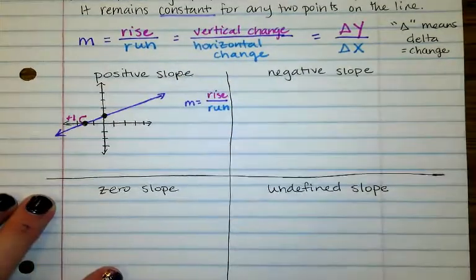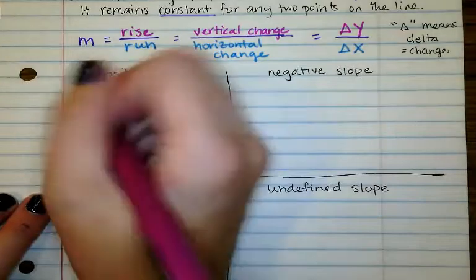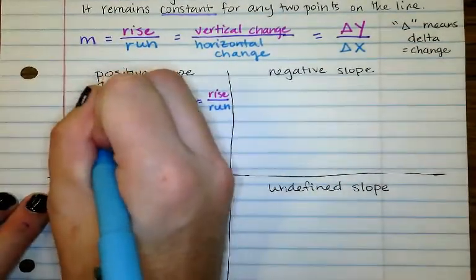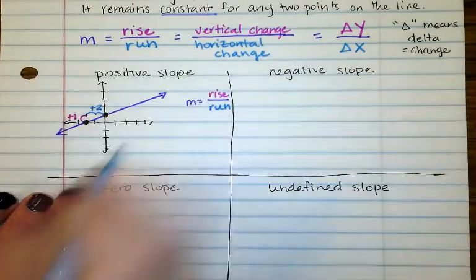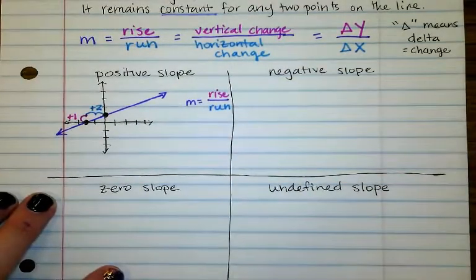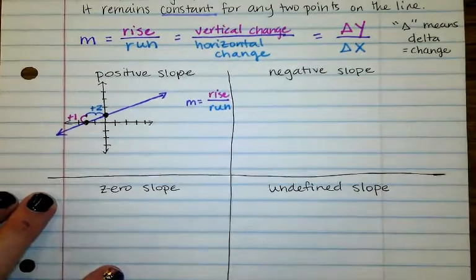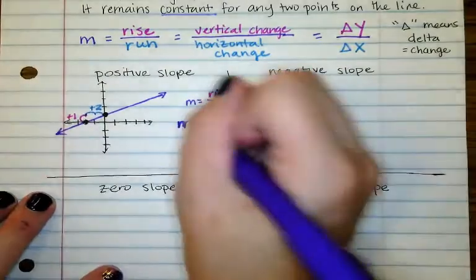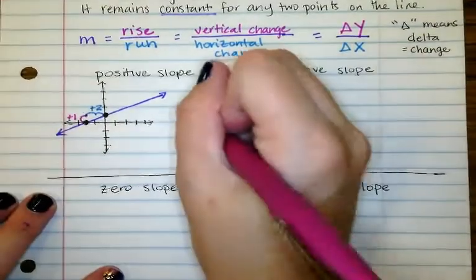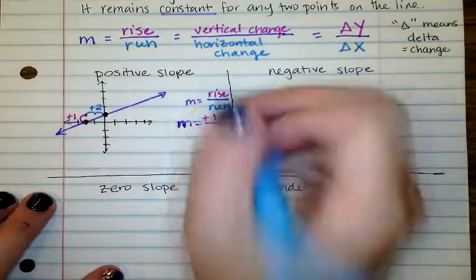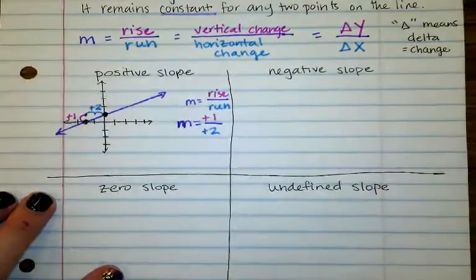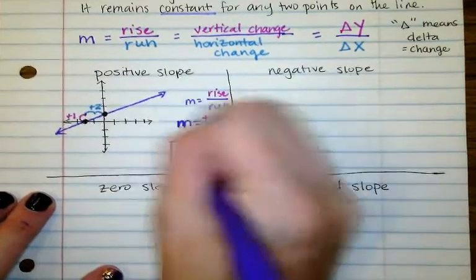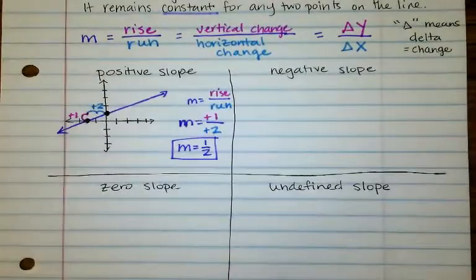Do you guys feel good about that? So I'm going up 1. My run would be 1, 2. And because it's going to the right, it's going to be positive. So my slope in this case, M, is equal to my rise, which is +1, over my run, which is +2. So my slope is equal to 1/2. Do y'all feel good about that?